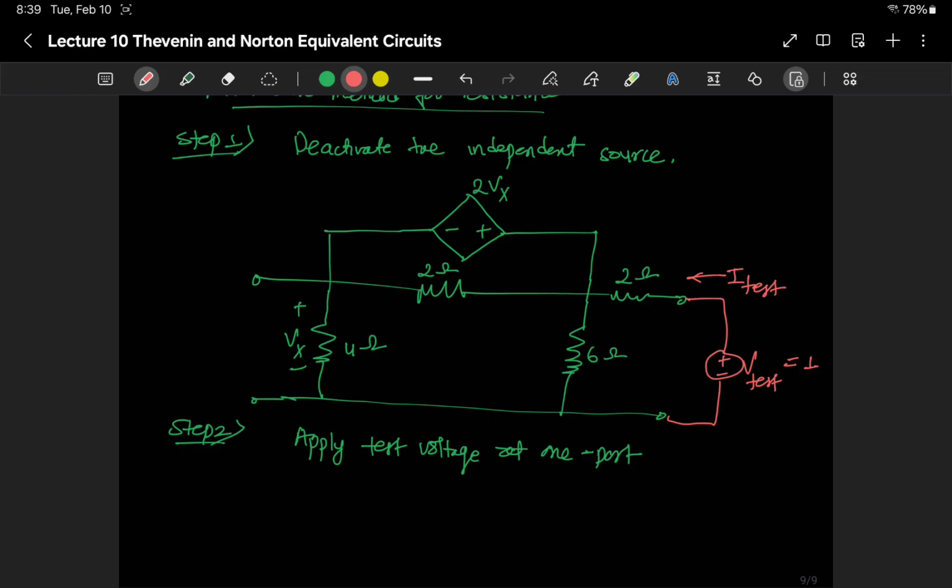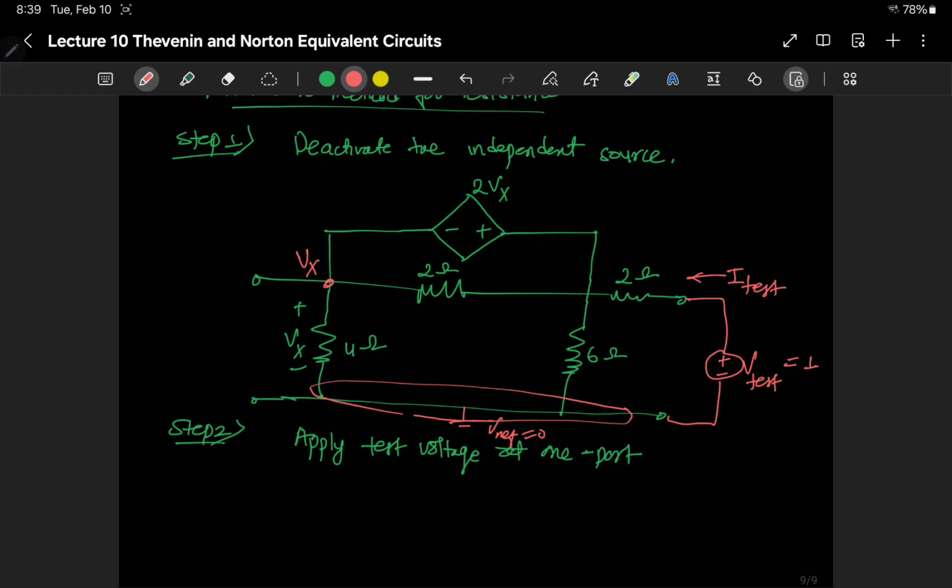Since this problem has a supernode, the easiest way to find the voltage is the supernode method, right? So we can apply the node voltage method again. There is our reference node. I call this the reference node, and V reference equals 0.